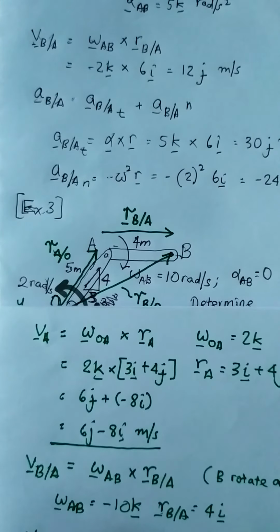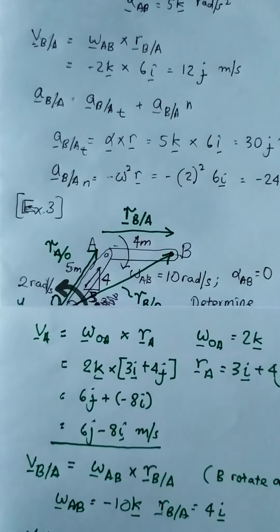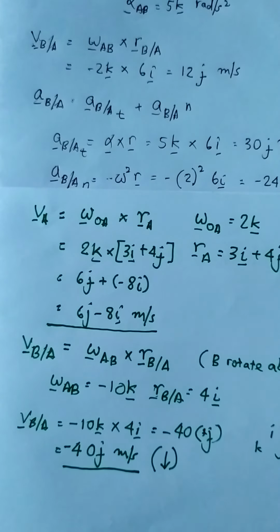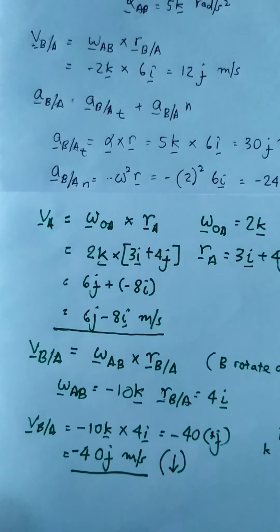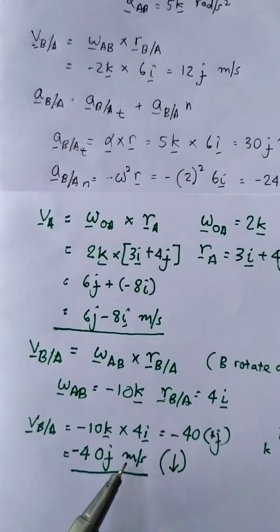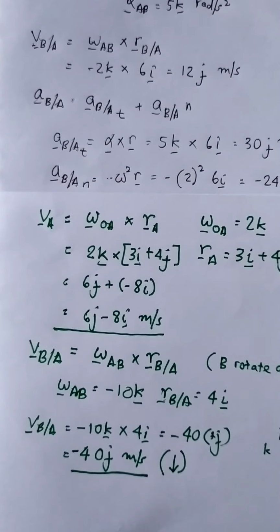So this is minus 40j. So this is going downwards. So we know that VB relative to A is minus 40j meter per second.